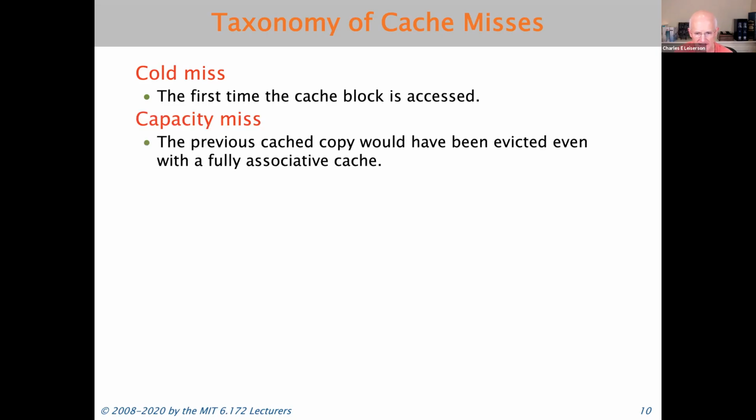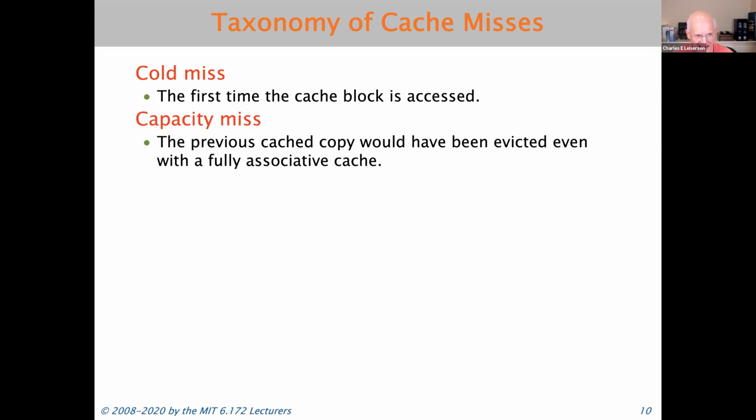The second type of miss is a capacity miss. That occurs when the block isn't in the cache because it was evicted due to the cache being full. We ran out of space in the cache. Now, we're usually looking at set associative caches, and what it means in that context is that even if you'd had a fully associative cache, there would have been a miss.